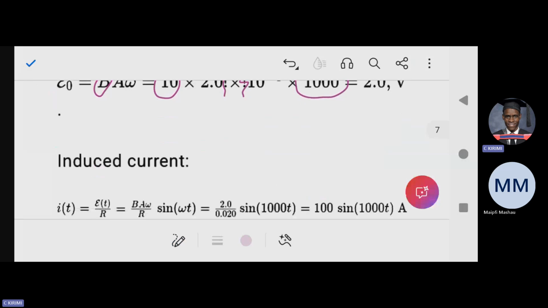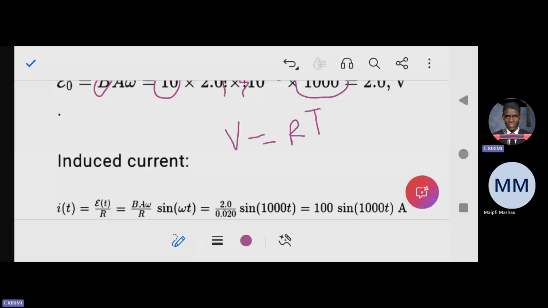The induced current, I of t, is given by, remember from the formula for voltage, what is voltage equal to? At matric level, we used to say voltage is equal to resistance times current.